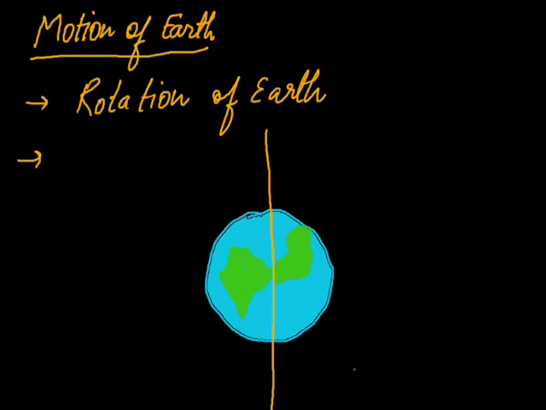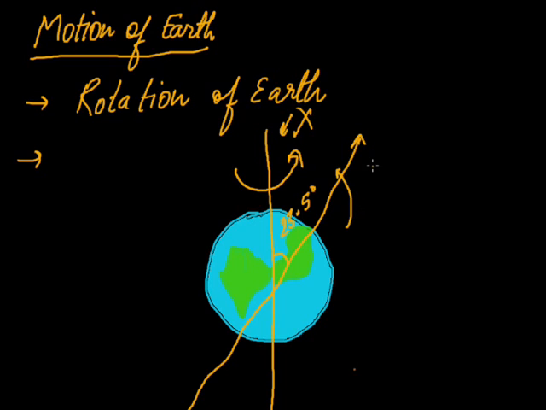When we talk about the rotation of Earth, we talk about the vertical axis. The vertical axis is the vertical straight line passing through the center of Earth. But when our Earth rotates, the axis is not the vertical one, but an axis which is inclined to the vertical by 23.5 degrees, and that is our rotational axis, and our Earth rotates around it.